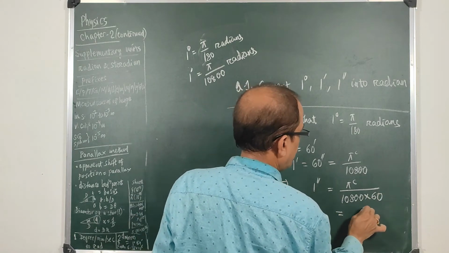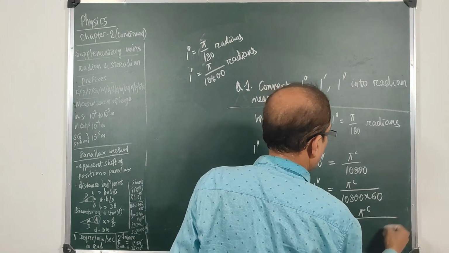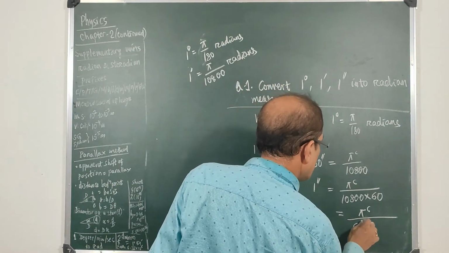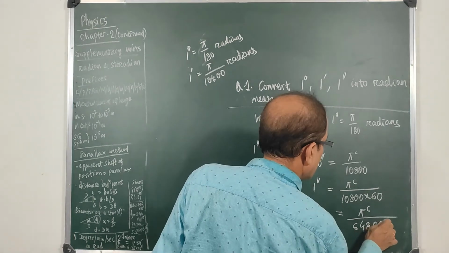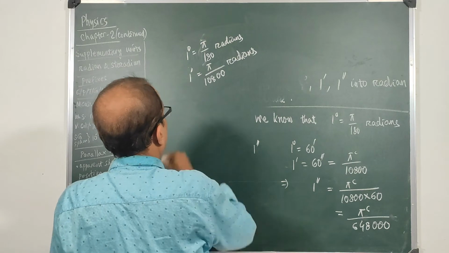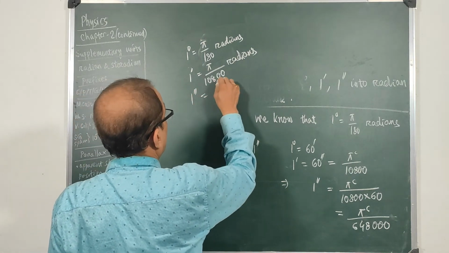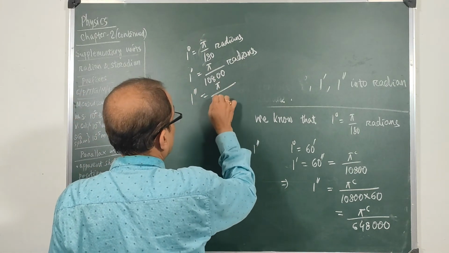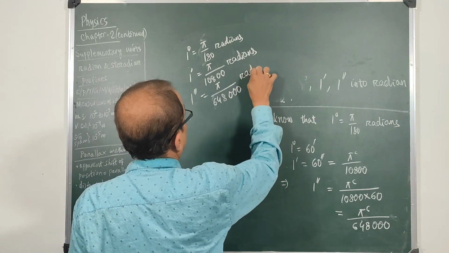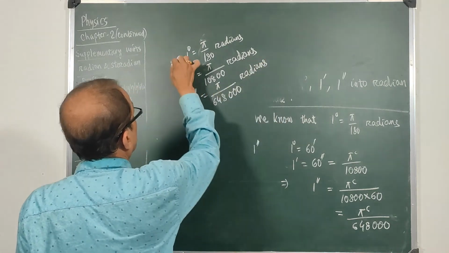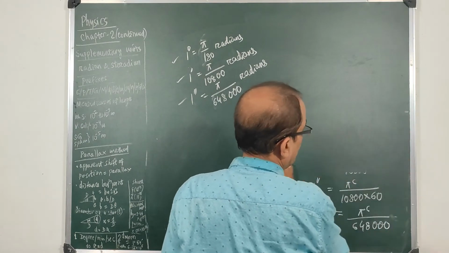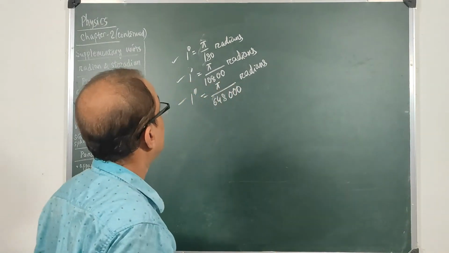So this will give you a very small value but a larger number: 648 with 3 zeros. So 1 second of arc will be pi upon 648,000 radians. If you use your calculator, you can find these 3 values, and this is the measurement of degree, minute and second in radians.